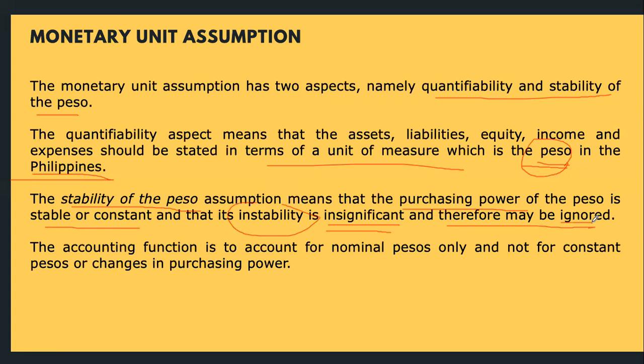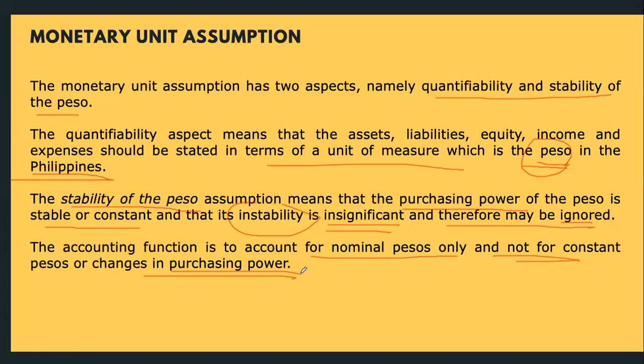Okay, the accounting function is to account for nominal pesos only and not for constant pesos or changes in purchasing power. So again, the accounting function is to account for nominal pesos only and not for constant pesos or changes in purchasing power, di ba? So sa illustration sa book, napalit sa equipment at cost, tapos pila ka years ang nilabay, if mopalit sa og kani nga equipment mo na ni ang cost niya, di ba?